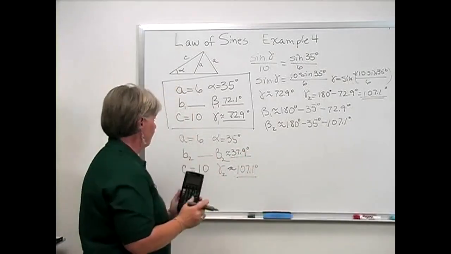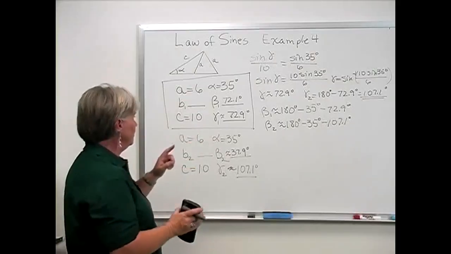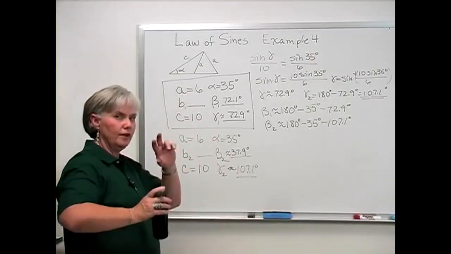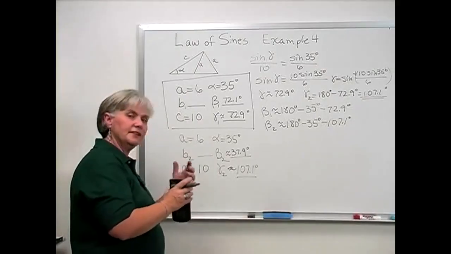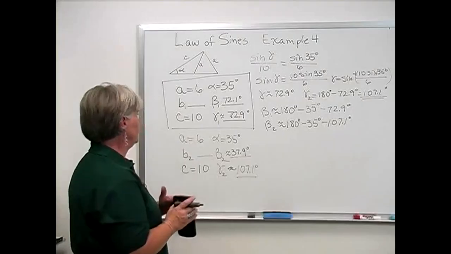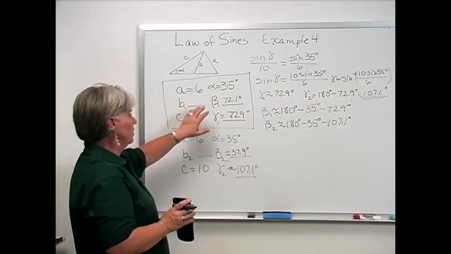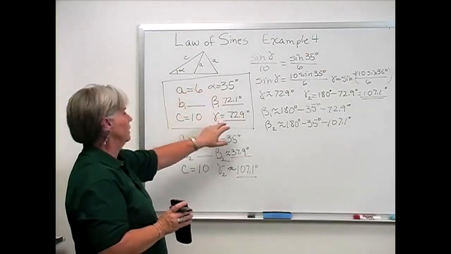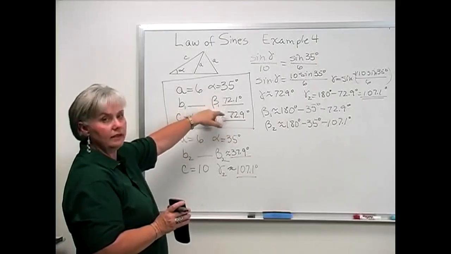All right. So we have found everything but these two sides. Now I want to show you something here. There are always ways that you can check yourself and tell if you're going in the right direction. Remember we talked about the fact the largest angle is opposite the largest side, and they have these ratios. And you'll notice that these two angles are really close in value.